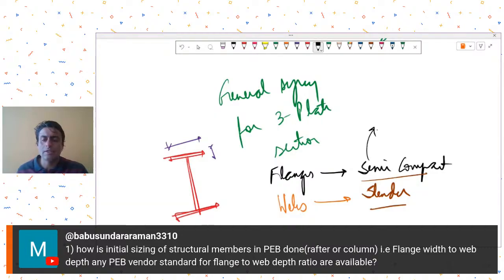Now the general thicknesses you would like to give for your flanges would be 10 mm, 12 mm, 16 mm, 20 mm, or if it's quite a heavy structure, 25 mm. These will be your general thicknesses of flanges. For very lightly loaded rafters, you may go to 8 mm, but generally people don't like to give flange thicknesses less than 8.